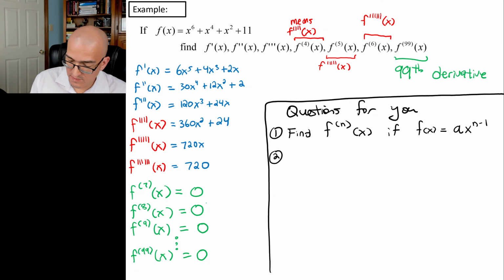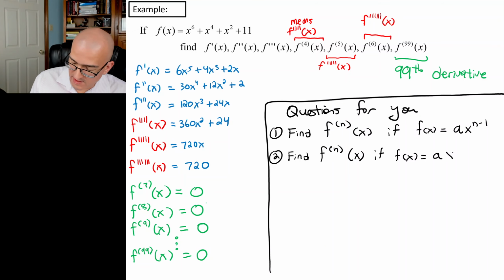Part 2, find the nth derivative if f of x is a times x to the power of n.